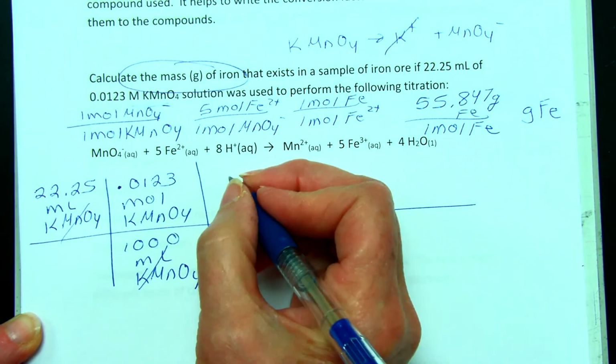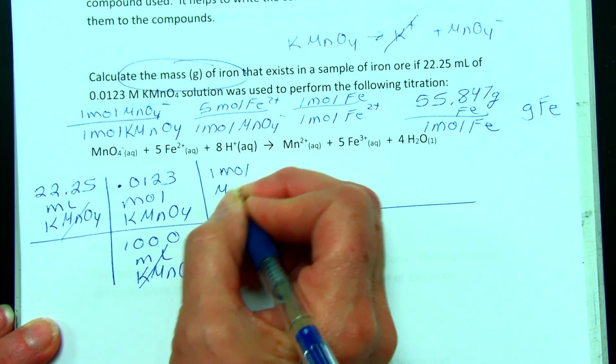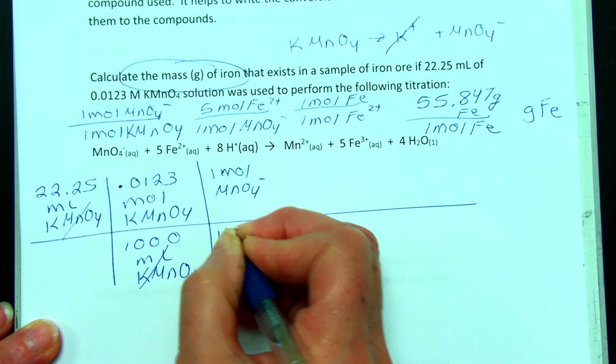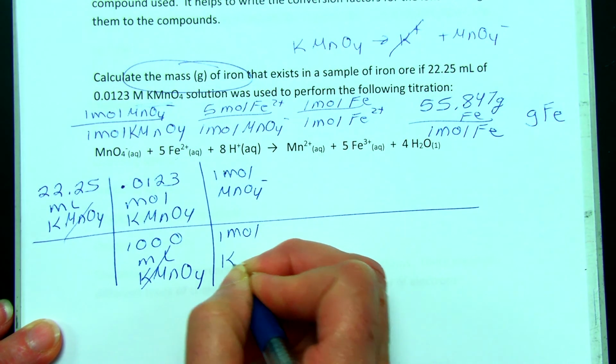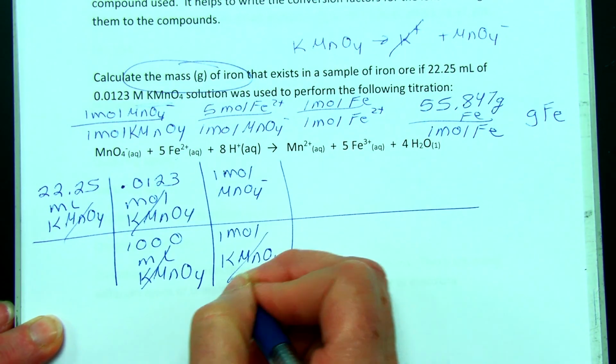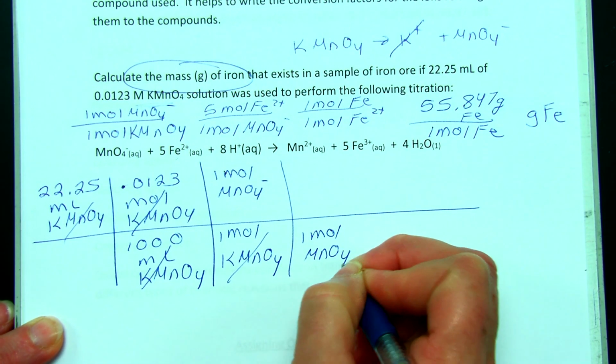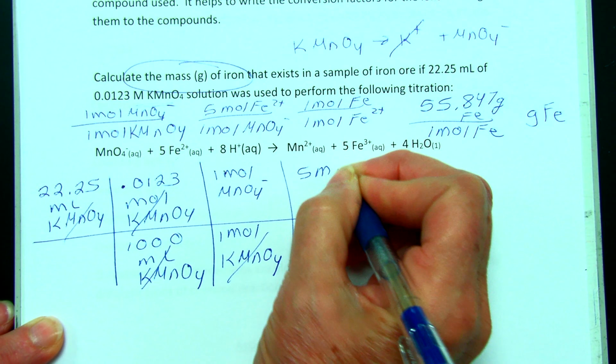Now my mole to mole ratio. Well, 1 mole of permanganate ion comes from 1 mole of potassium permanganate. So I got rid of that. 1 mole of permanganate ion reacts with 5 moles of iron 2 plus.